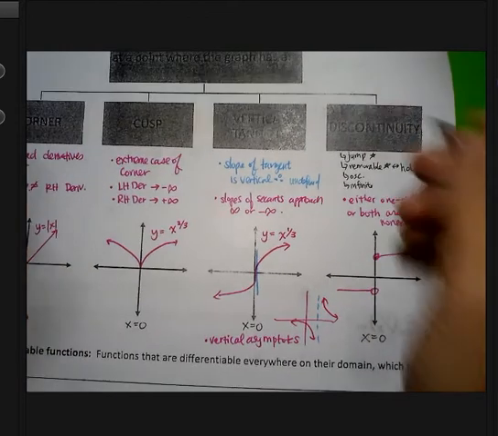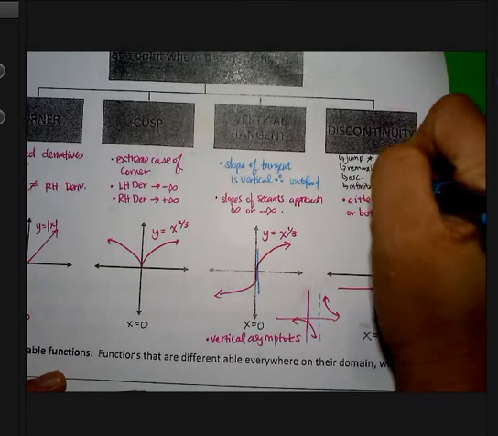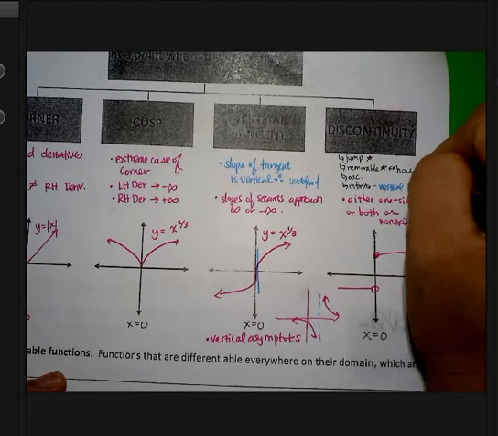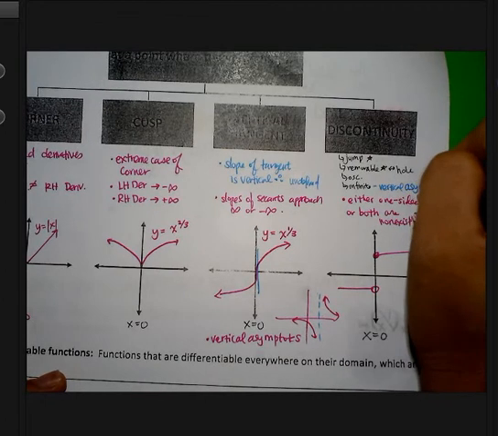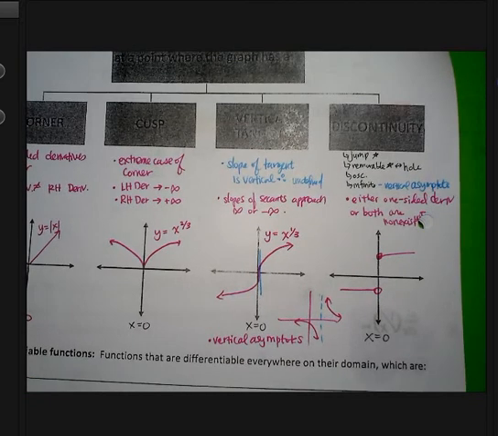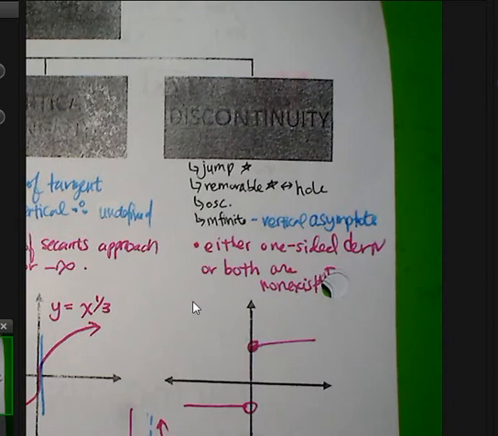Then you can still find the slope of the line at x equals 2 at this point though. So that's called an infinite discontinuity. Technically we already included it right here. So write that in, vertical, because a vertical asymptote is an infinite discontinuity, right?